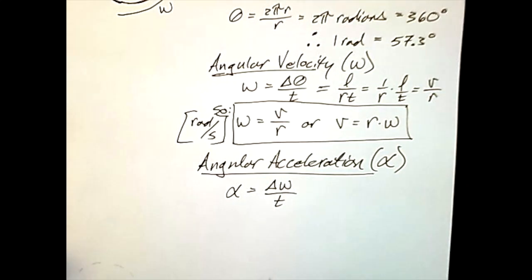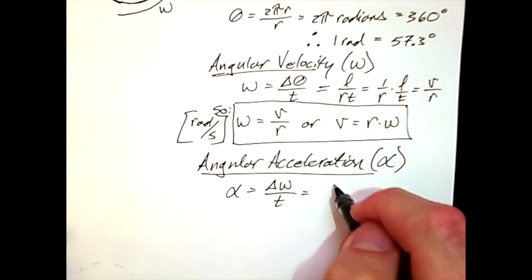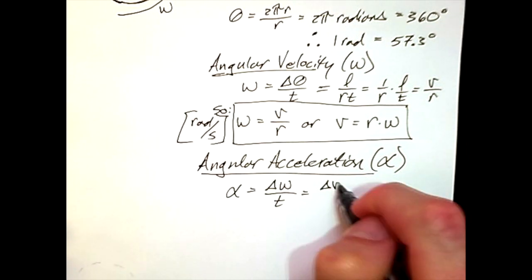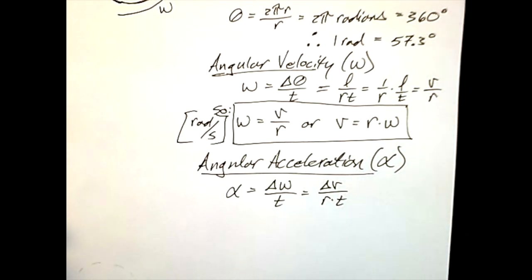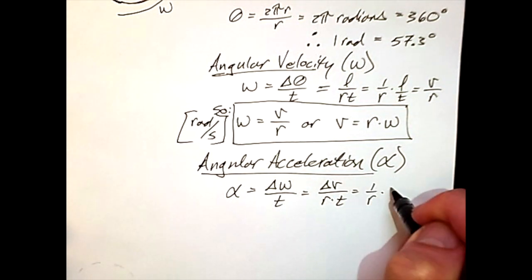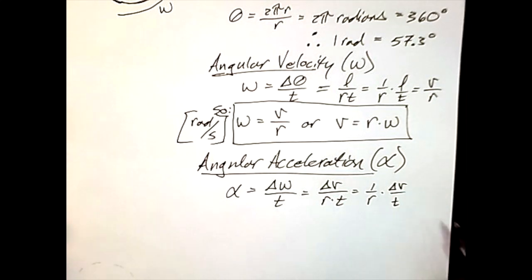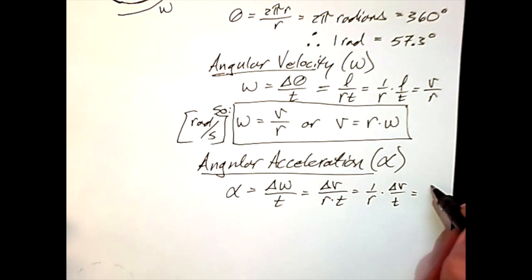Using the above formula, we can simplify this to put it in terms of our tangential velocity, where this would be the change in velocity divided by the radius times the time, and then just separating this into 1 over r times the change in velocity divided by time, we see that this is really acceleration divided by radius.